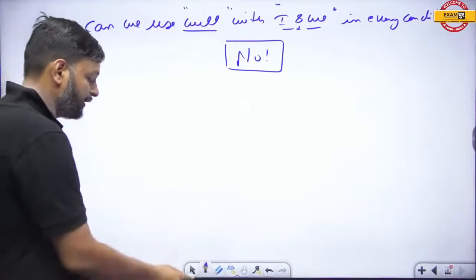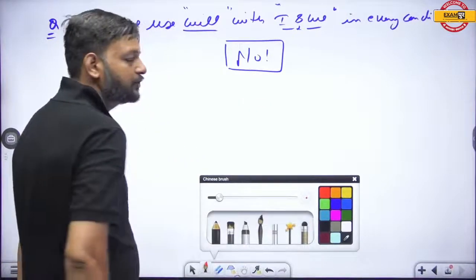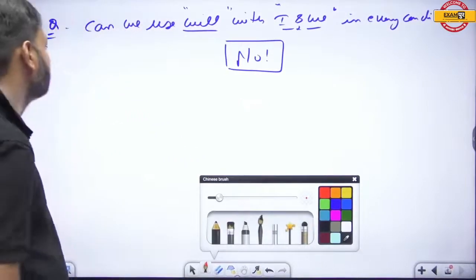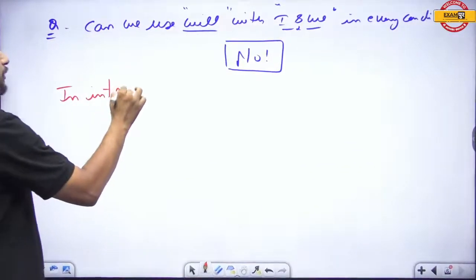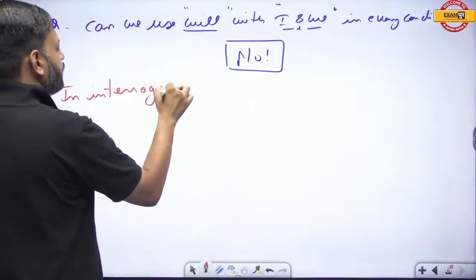So when can't we use will with I and we? In interrogative sentences.